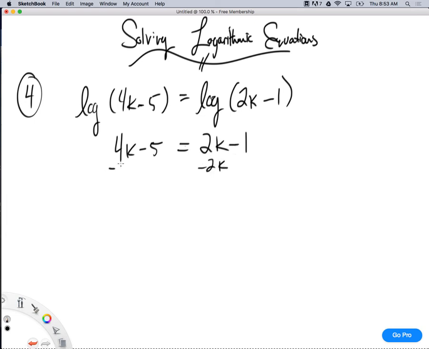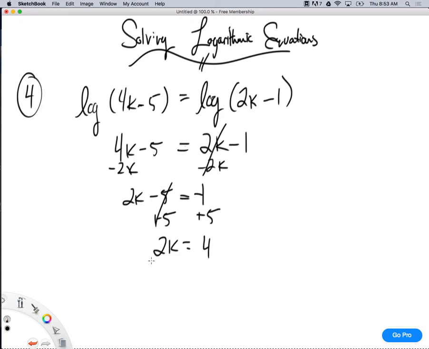Subtract 2k from both sides. Very good. 2k minus 5 equals negative 1. Oh, negative 1, sorry. Negative 1, thank you. You get 2k equals negative 1 plus 5 is 4. Divided by 2, k equals. Very good. k equals 2. Nice.